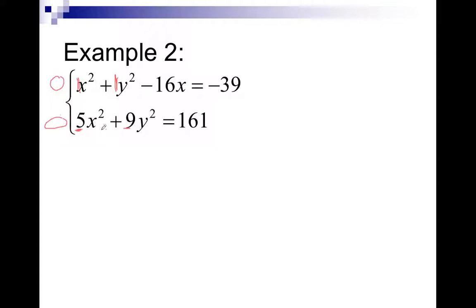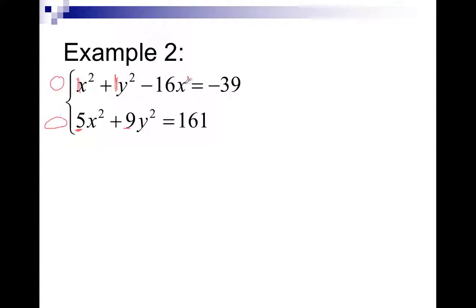I didn't get it in graphing form, and I don't need to get it in graphing form. But a circle and an ellipse might never intersect, might intersect 4 times, 3 times, 2 times, 1 time. So here's the question. I've got x squareds in both equations. I have y squareds in both equations. I have a linear x.